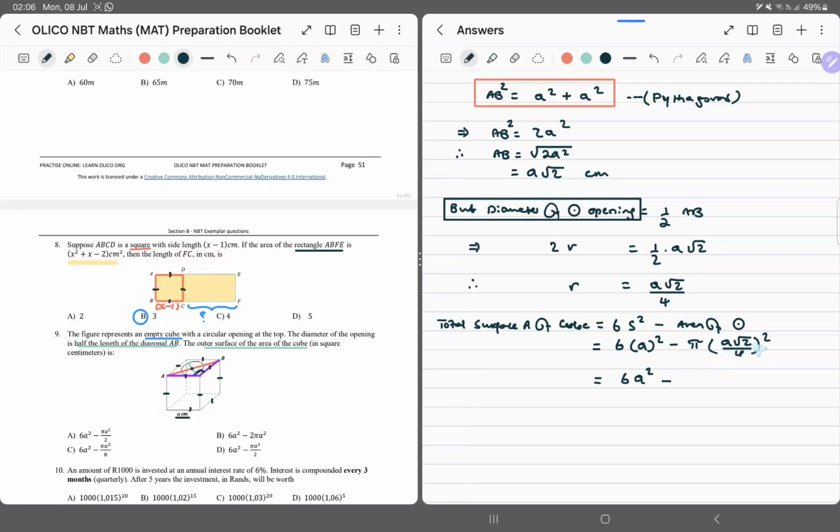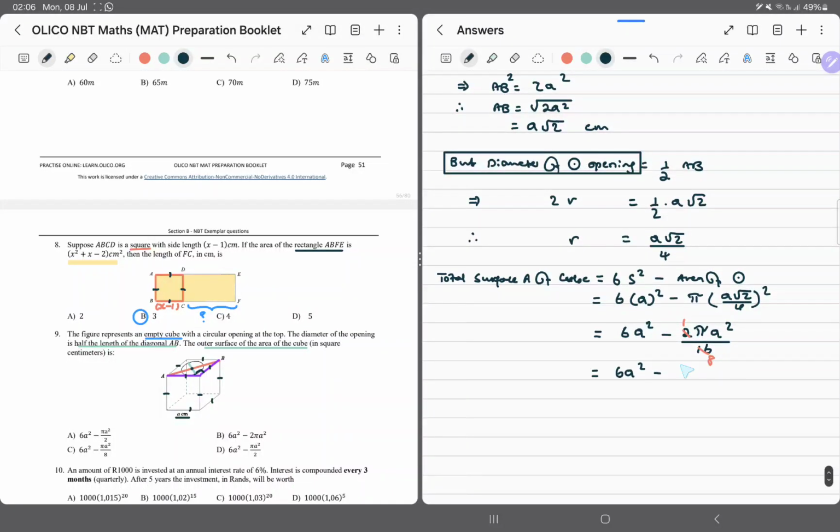So we're going to have basically 2 pi a squared over 16. And then 2 goes once, goes 8 times. So this is going to be 6a squared minus pi a squared over 8. So where is that one? It is C. So our answer here is C.